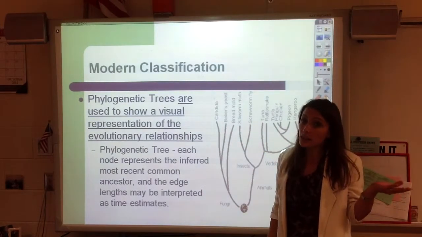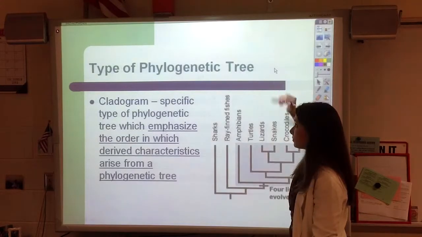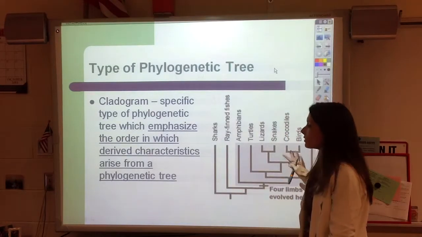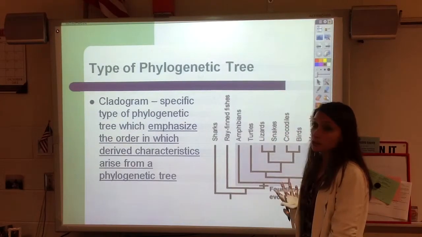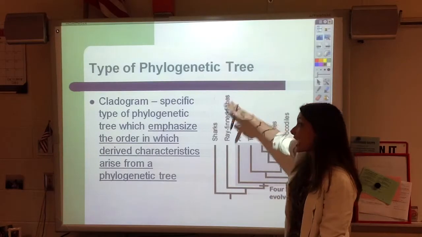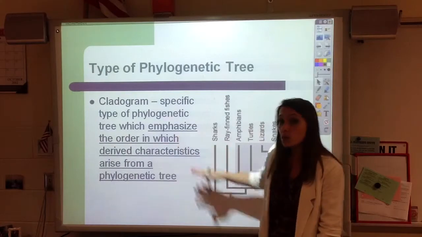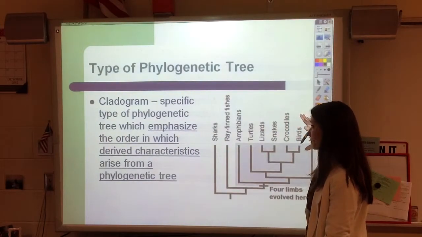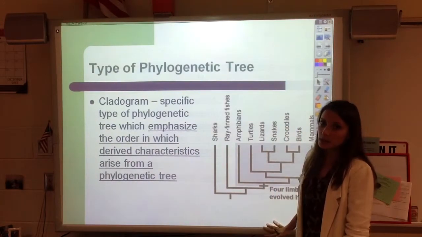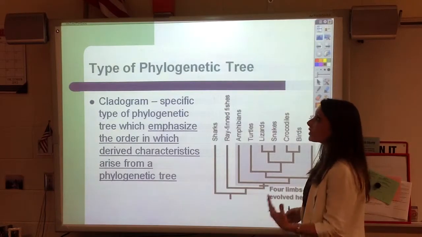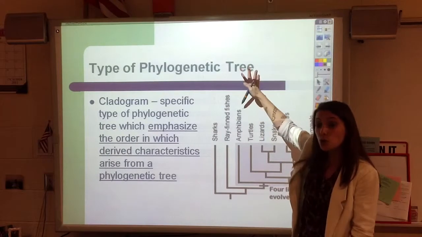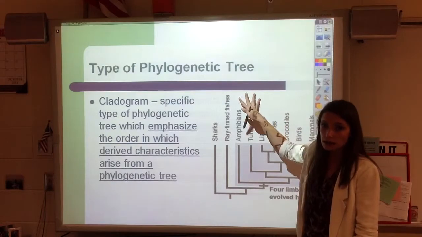Just like your last name does that for you. So we'll see these phylogenetic trees a little bit more. One is called a cladogram, and it looks at the order in which certain traits came to be. So we'll examine these a lot more tomorrow, but we want to know that these are all tools that we use for classification.